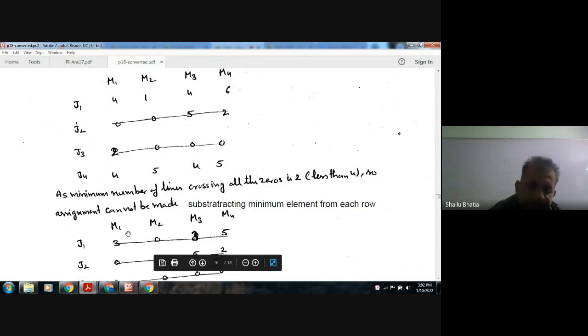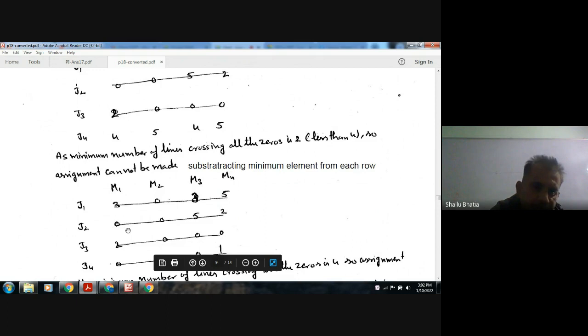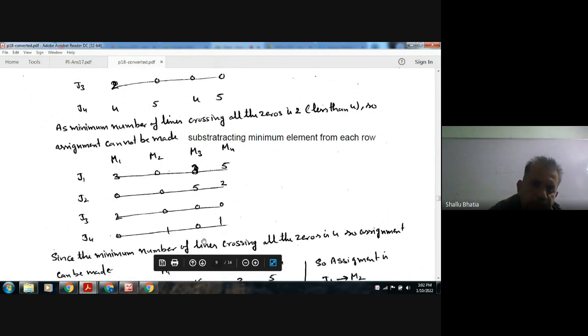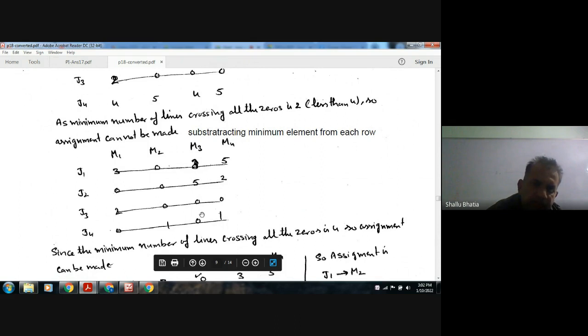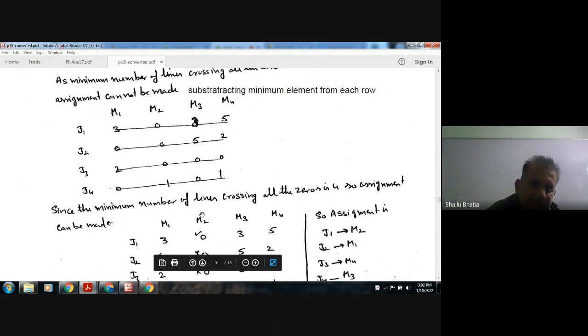In the second row the minimum element is 0, so it remains the same, and in the third row the minimum element is 0, so it remains the same. In the fourth row the minimum element is 4, so it will be 0, 1, 0, 1. Now there are 4 lines crossing all the zeros, so this is the optimal solution.